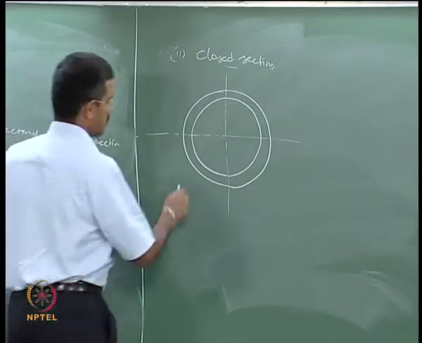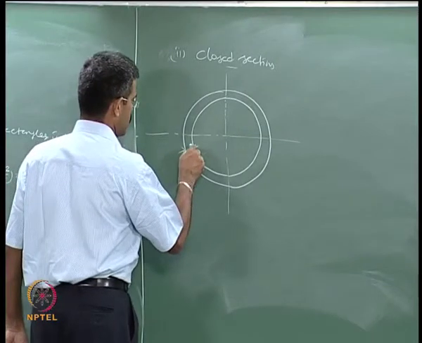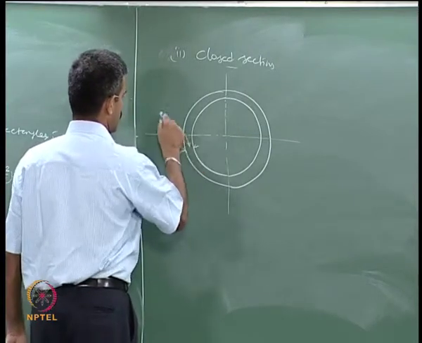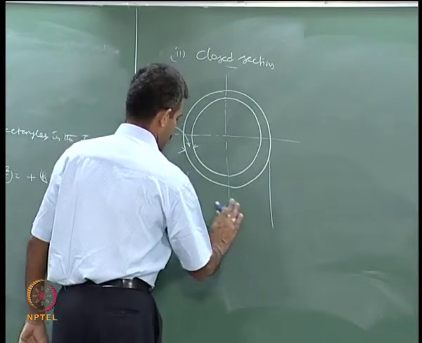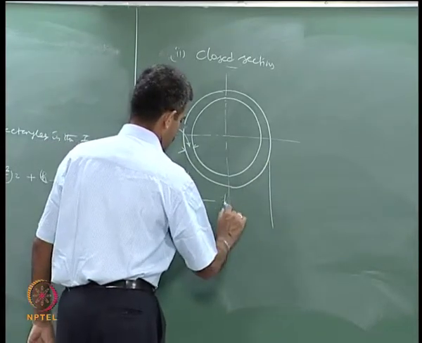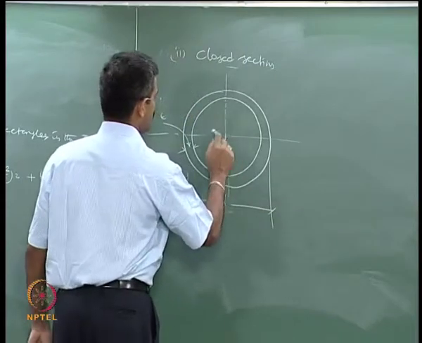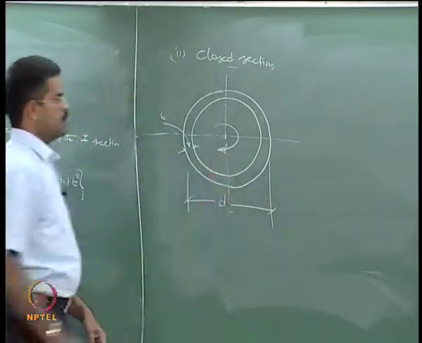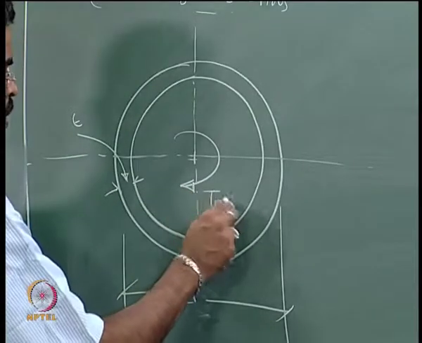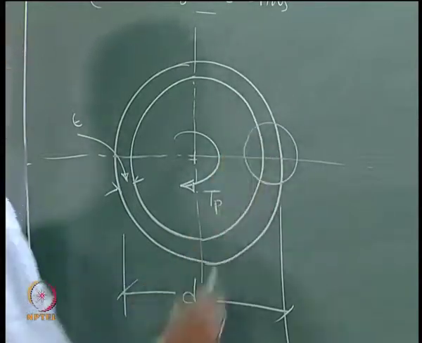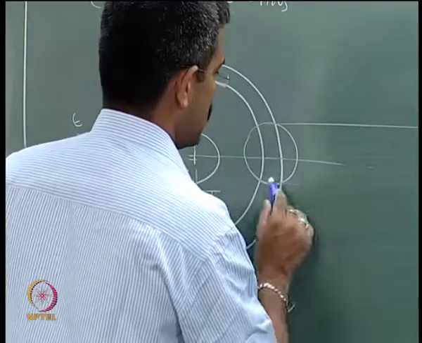Let us say the ring has uniform thickness T, and of course the diameter of the ring is D, and at the center there is torsion applied, which is Tp. Let us look at this and try to look at the distribution.